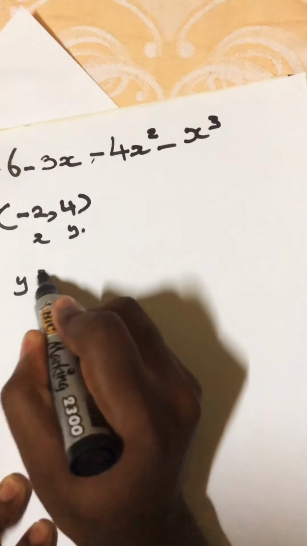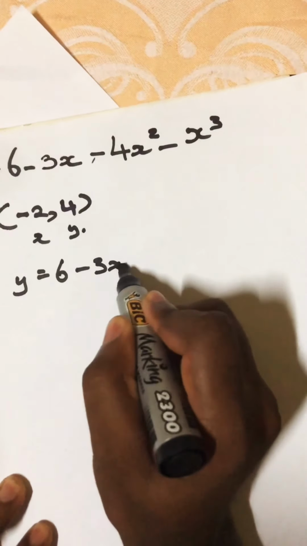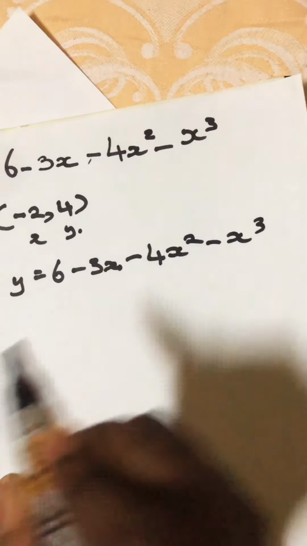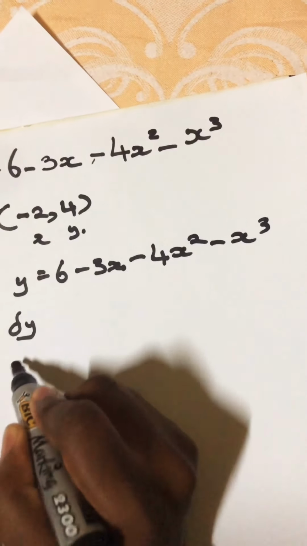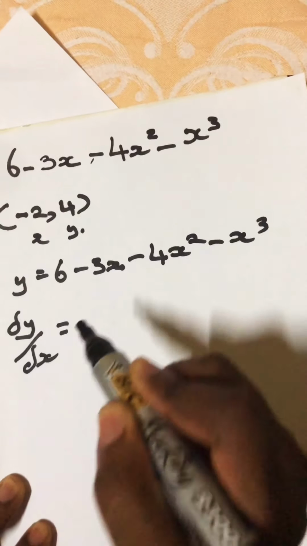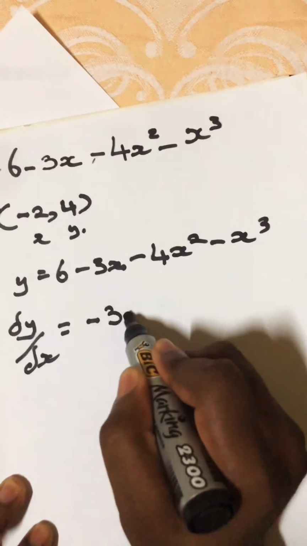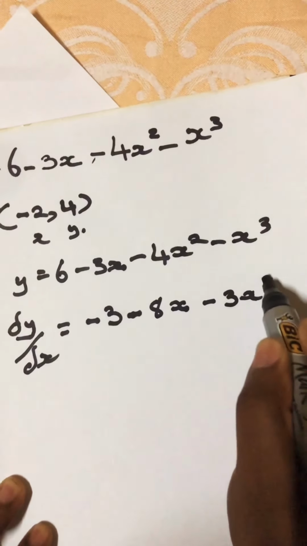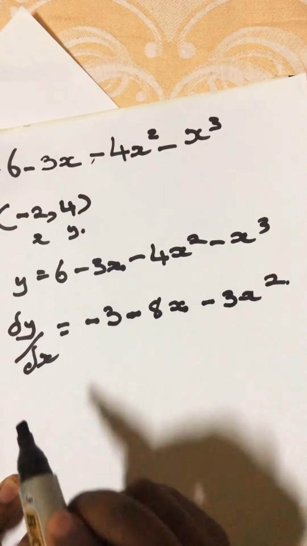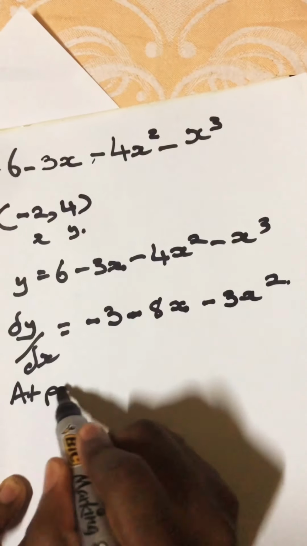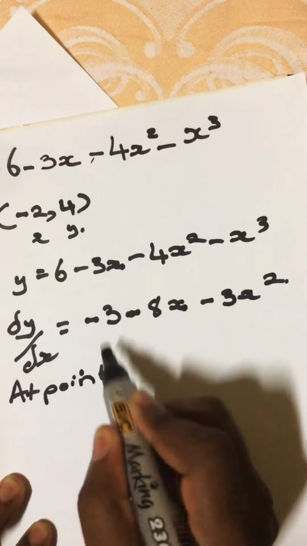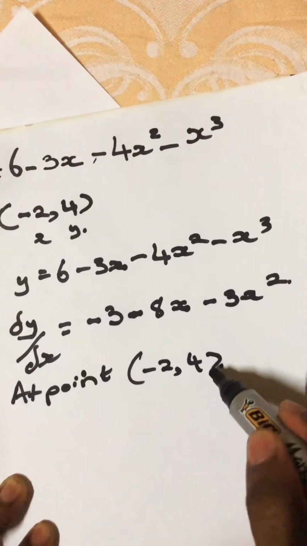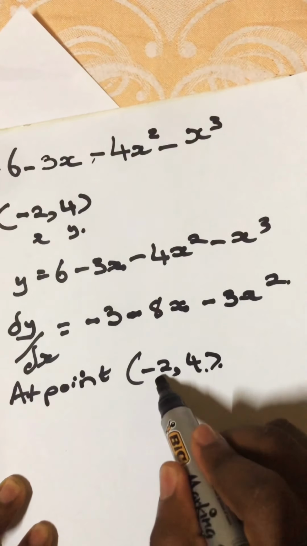Now we have our y to be 6 minus 3x minus 4x squared minus x cubed. Our derivative function now, which is dy on dx, will be minus 3 minus 8x minus 3x squared at points -2 and 4. We replace the x values with this.